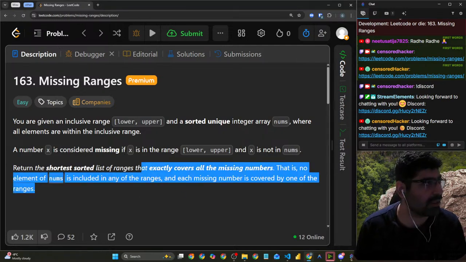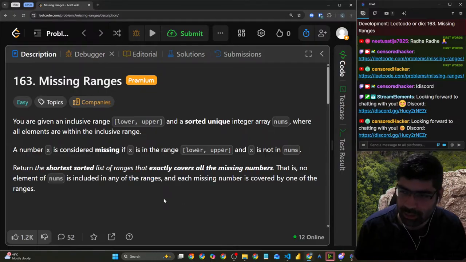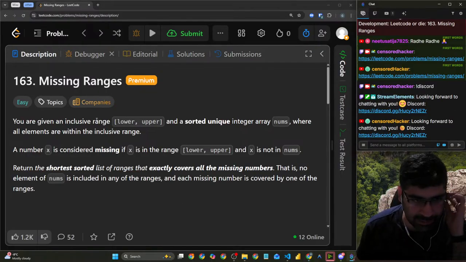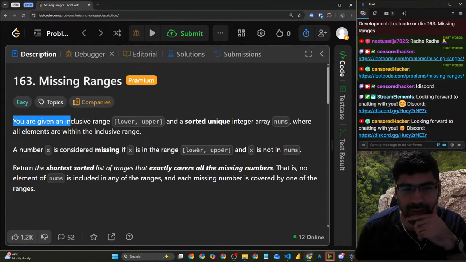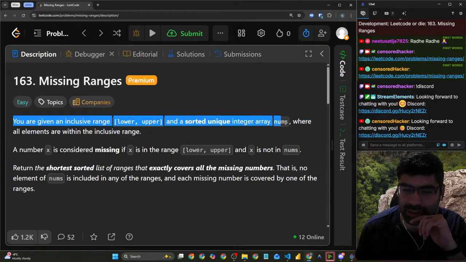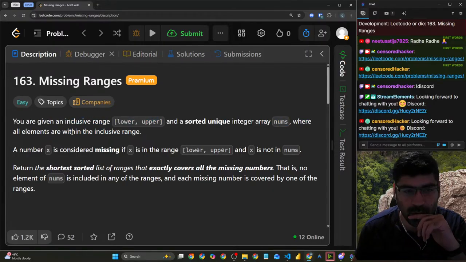So let's get started with our bread and butter. LeetCode or Die, another series: Missing Ranges. Easy one. You are given an inclusive range, lower and upper, and a sorted unique integer array nums, where all elements are within the inclusive range.